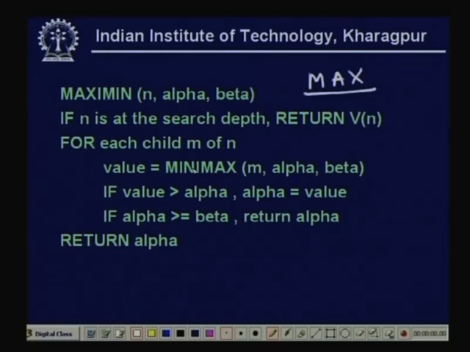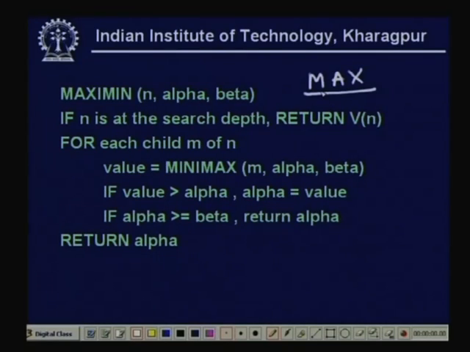So, we look at one child, it returns a value. If the value is greater than the current alpha value of this max node, we update the value of alpha. Now, if the current alpha value happens to be greater than or equal to beta, where beta is the value of its min ancestor which has been propagated to this node, in that case we will return alpha, because we need not explore this max node any further.